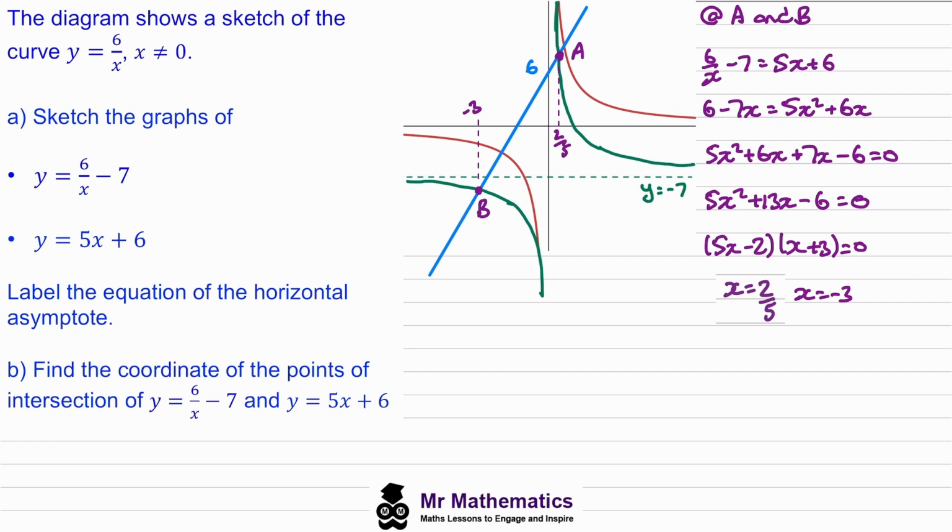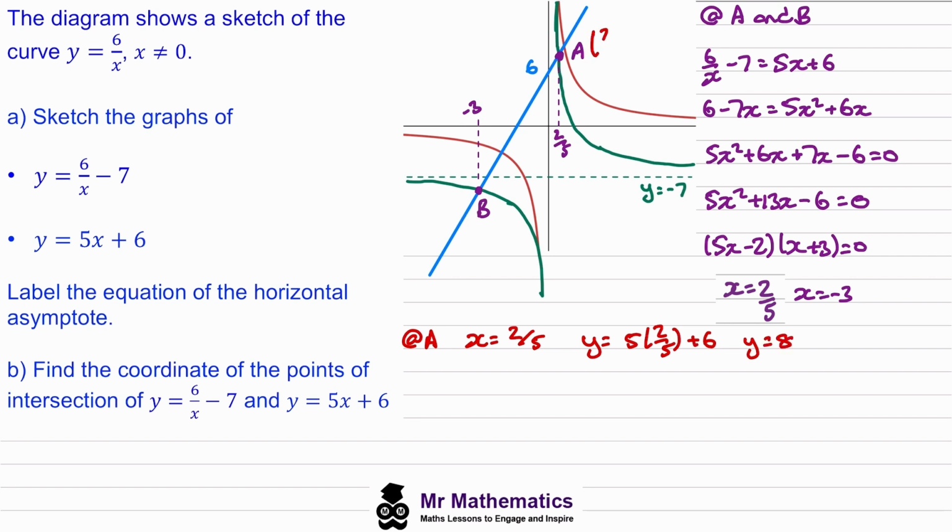And then to work out the coordinates, all we need to do is to substitute these x values into either of these equations, and I'm going to choose this one. So at A, we know x is equal to 2/5, so y will be equal to 5 lots of that plus 6, y will be equal to 8.